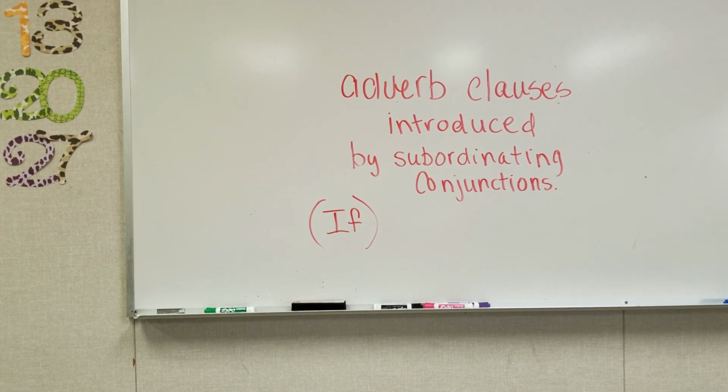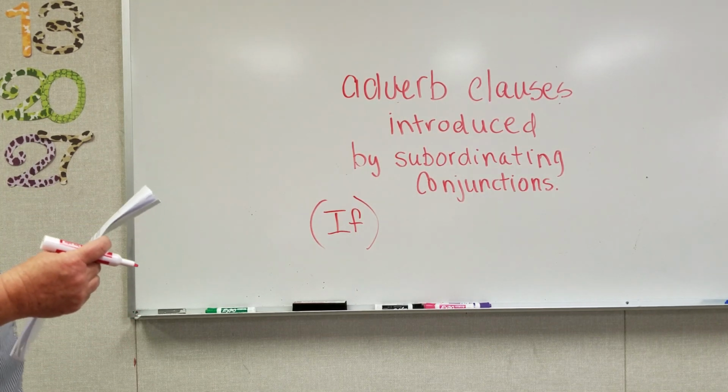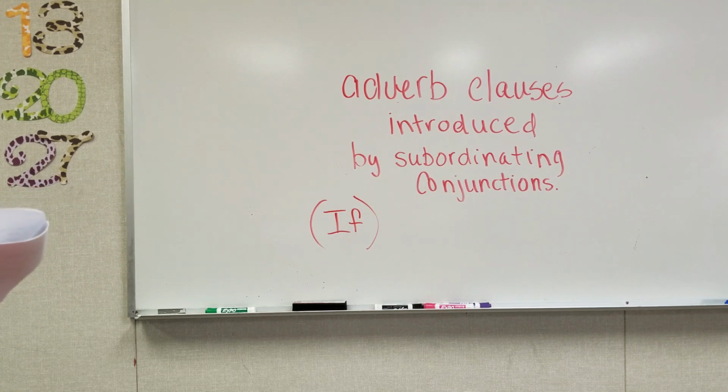And then last of all, just know that adverb clauses in sentences are introduced by subordinating conjunctions. You can refer back to your section on your study sheet where we had a sentence that we had to identify what type of clause it was. It was, if we don't run out of gas, we should arrive on time.